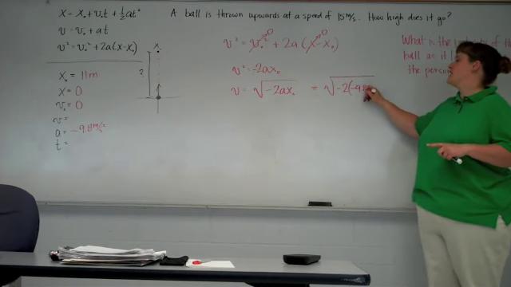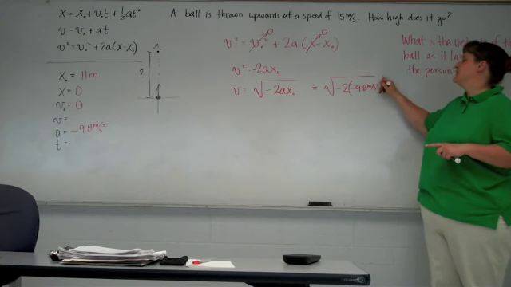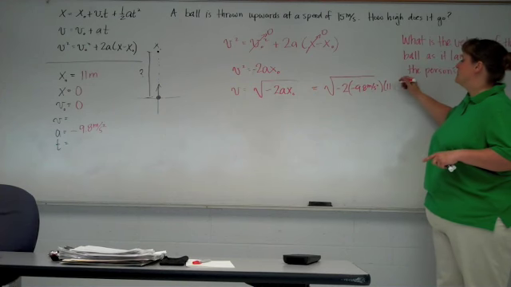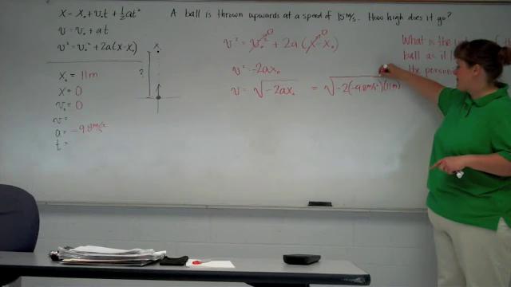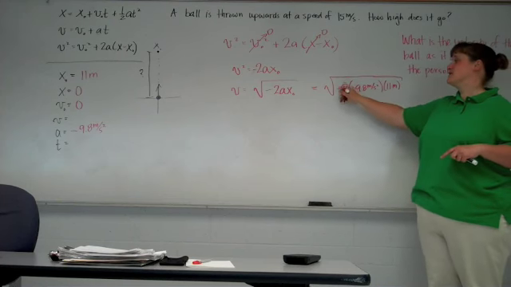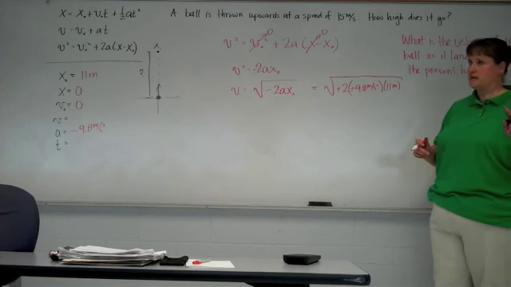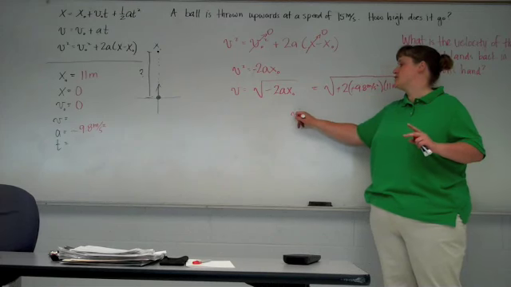A is negative 9.8 meters per second squared. X naught is 11 meters. So the negative signs cancel again, which is good since we don't want to end up with imaginary numbers. We're not going to do anything imaginary in this lab in terms of numbers.